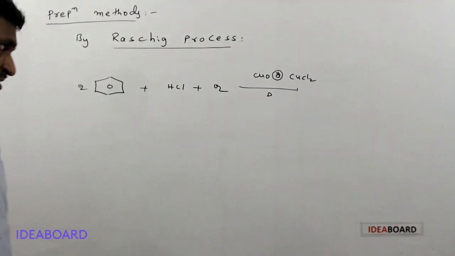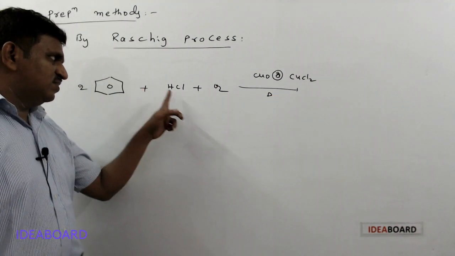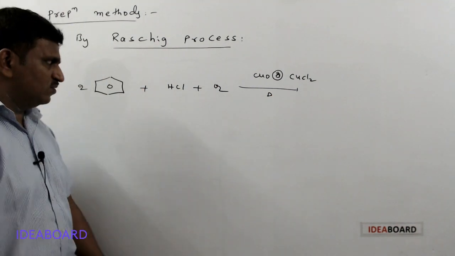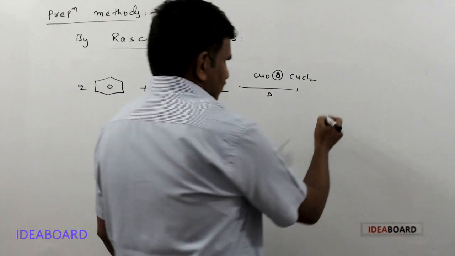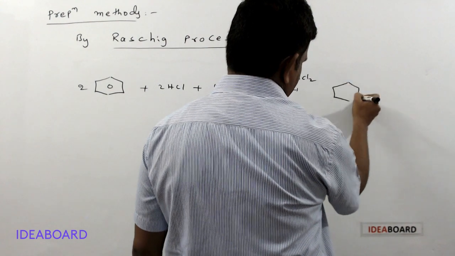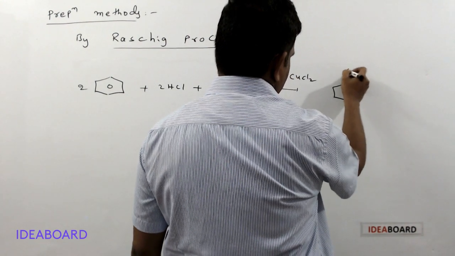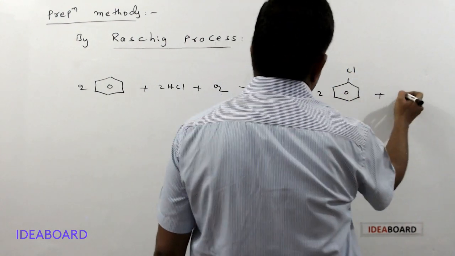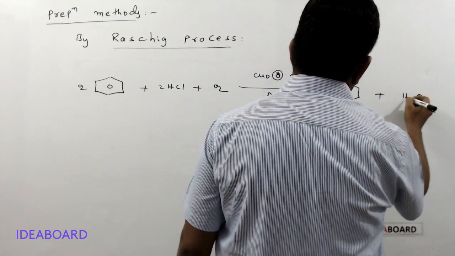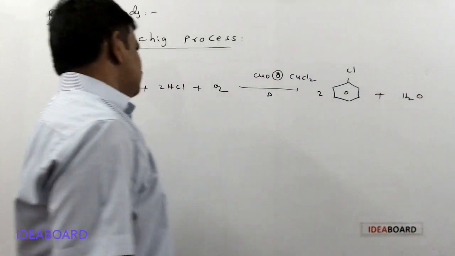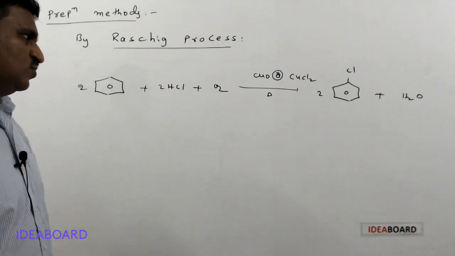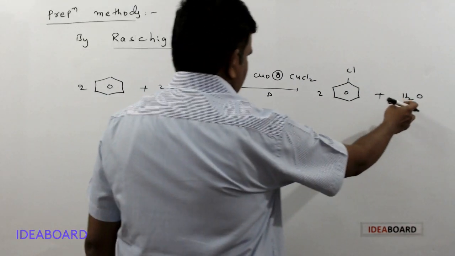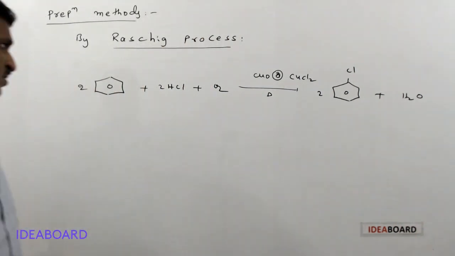At high temperature, benzene reacts with hydrochloric acid and O2, and it gives chlorobenzene plus H2O. H2O, two hydrogen atoms and one oxygen atom, so H2O formation occurred.